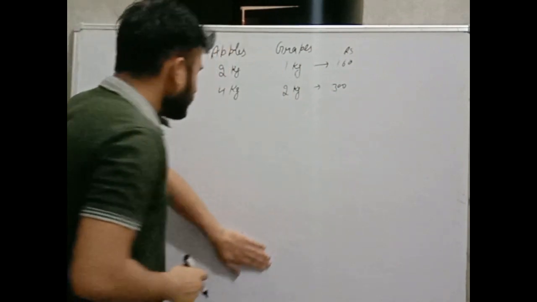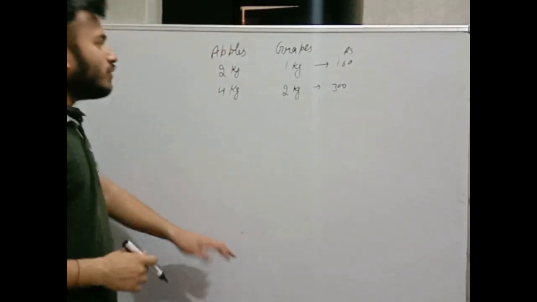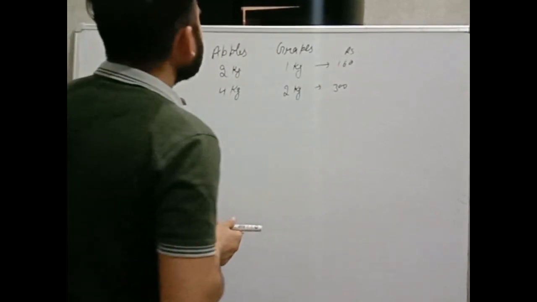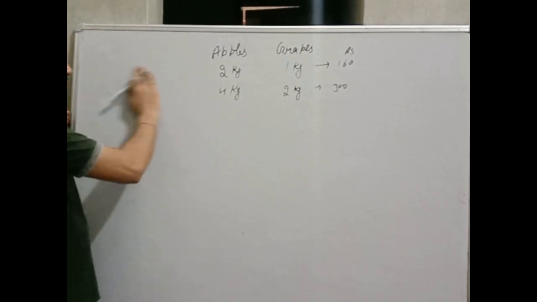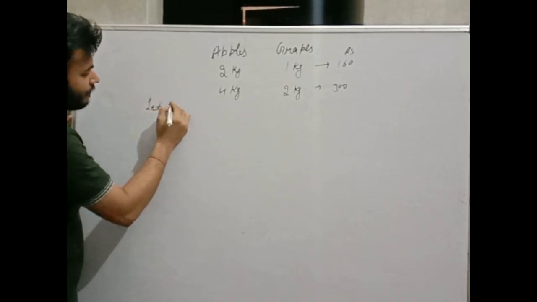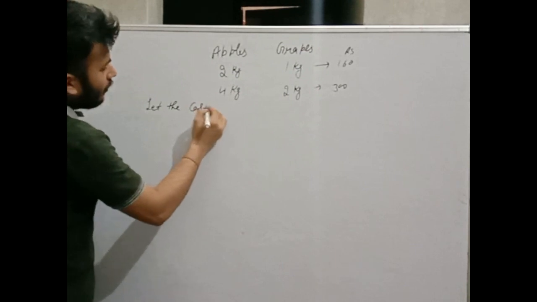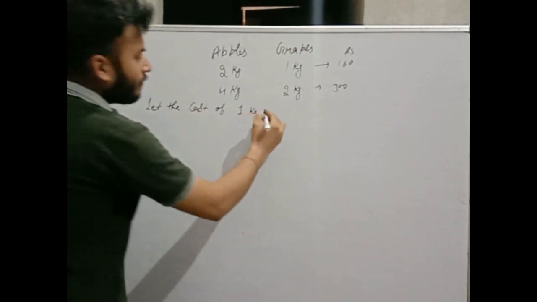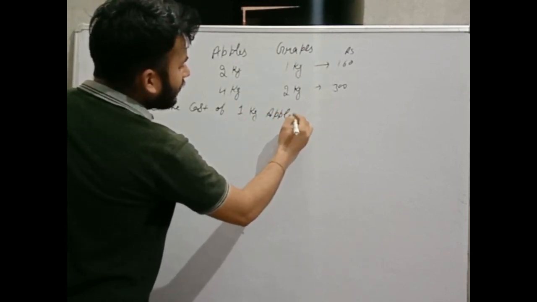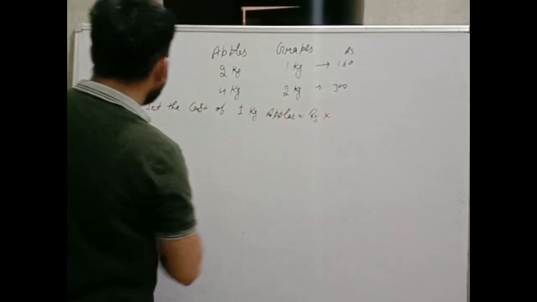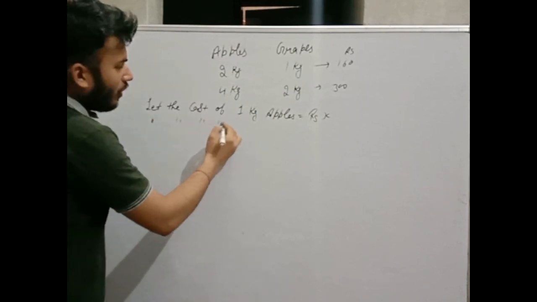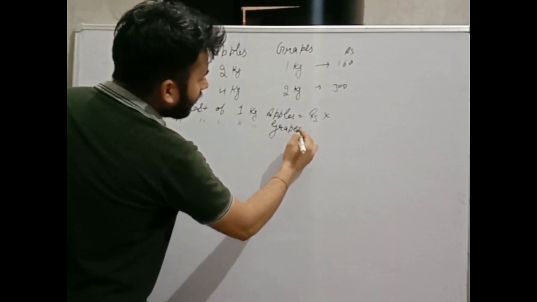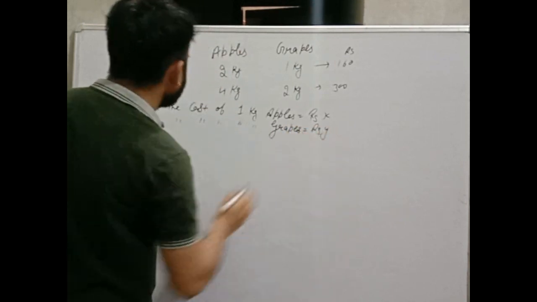So first, to represent the equations graphically, we have to find the equations algebraically. So now to represent the equations algebraically, let the cost of 1 kg apples be rupees x and let the cost of 1 kg grapes be rupees y.